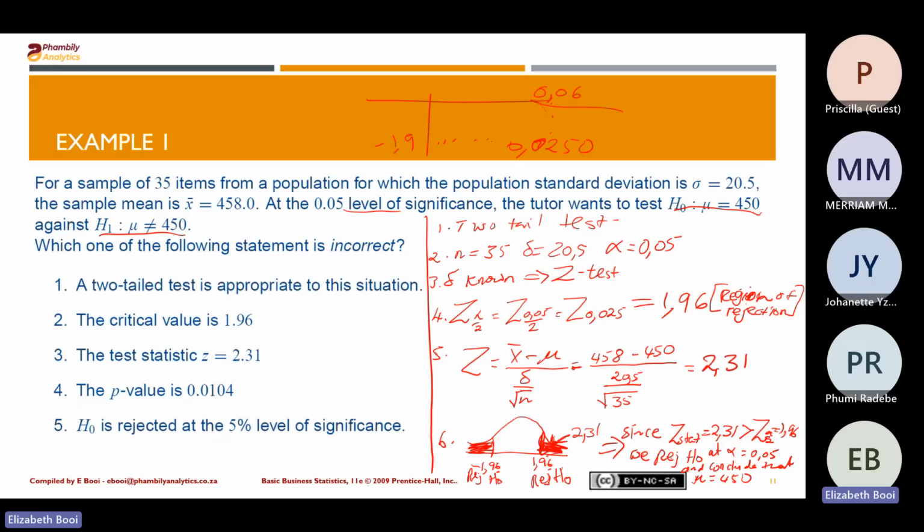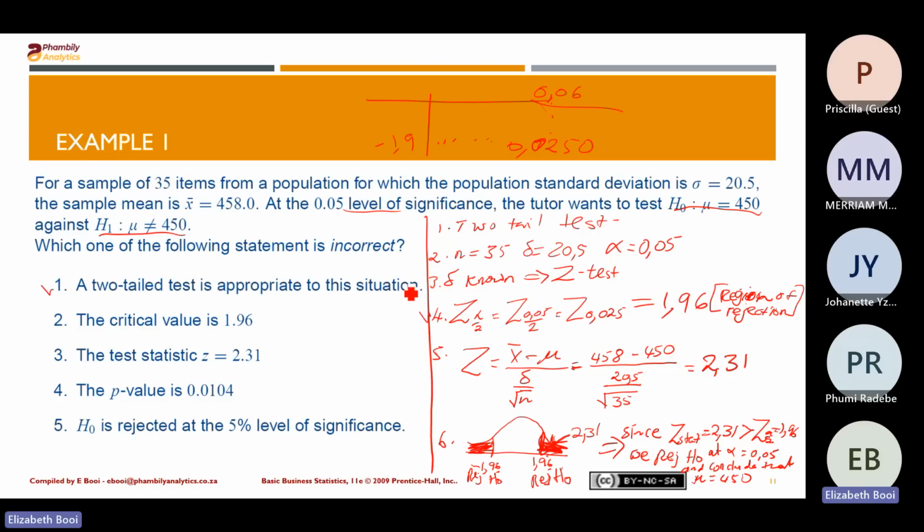So let's see if we can answer this question right here. I haven't touched the p-value because I'm going to introduce it later on so that we can answer the ones that we have in front of us. Number 1 says a two-tailed test statistic is appropriate to this situation. That's correct, because that's what we said. The critical value is 1,96.